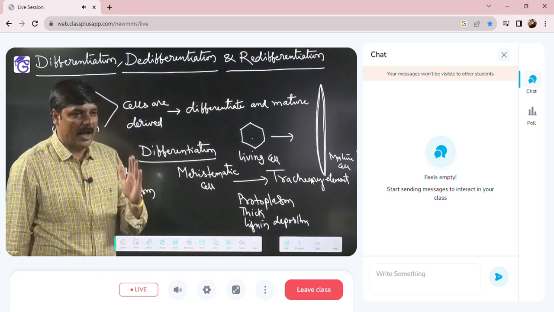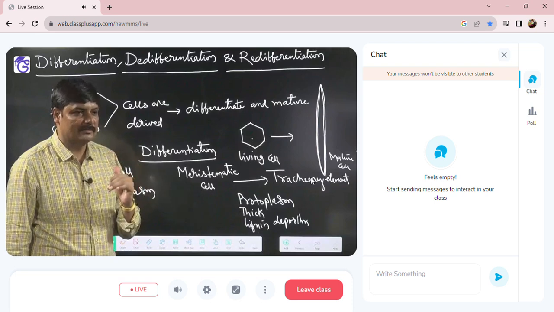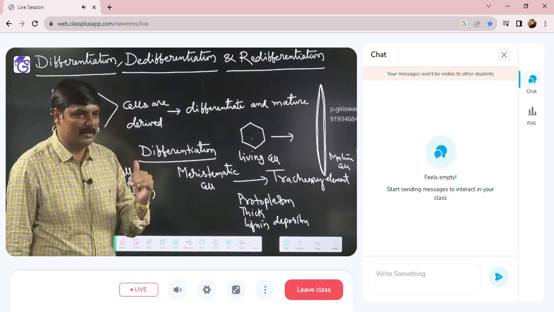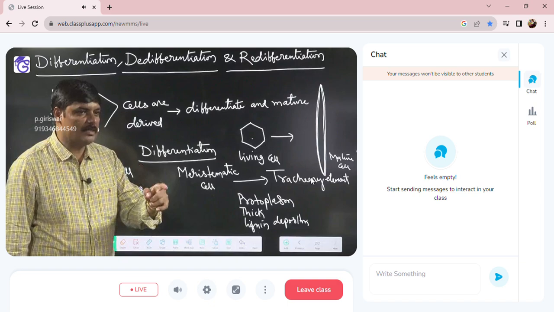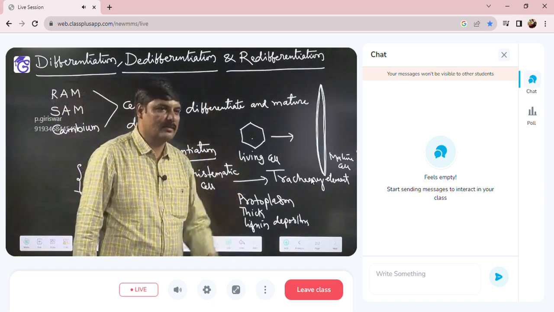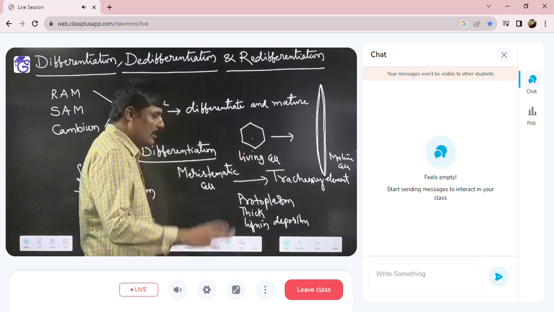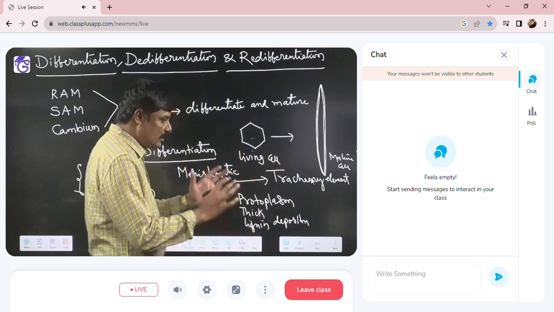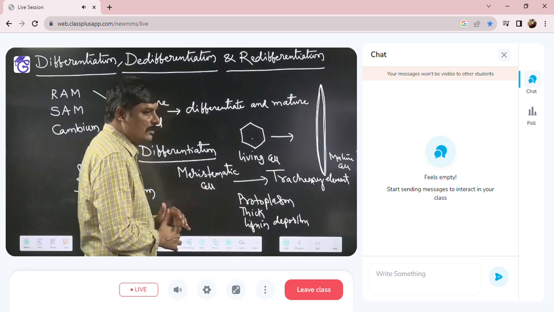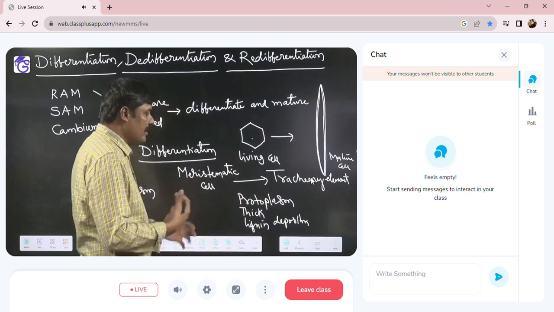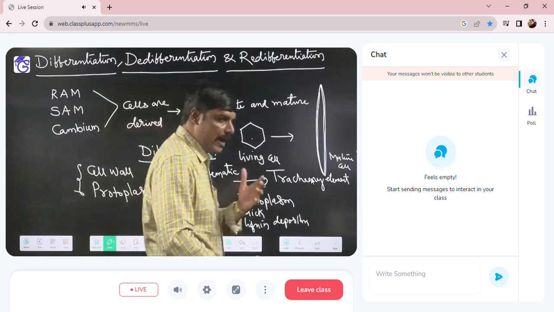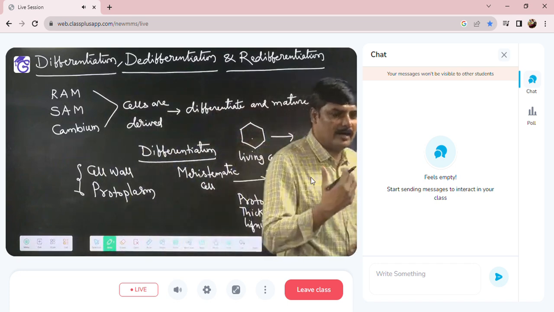This act of maturation from a meristematic cell is called differentiation. Just I told you one example, only one example. What are the changes that take place during the conversion of a meristematic cell into a tracheid cell or a tracheary element?